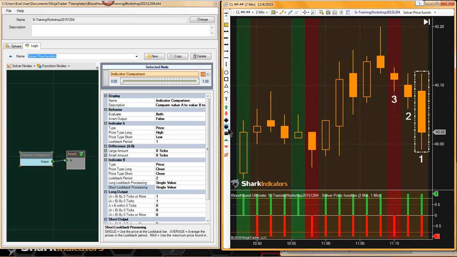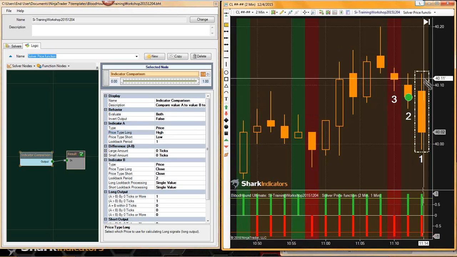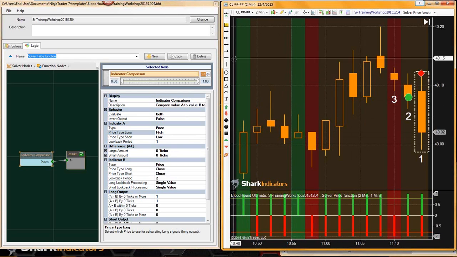Let me use a different color; that green contrasts more with the orange. The way this solver is set up, to calculate the long output we're going to look at the high price there.